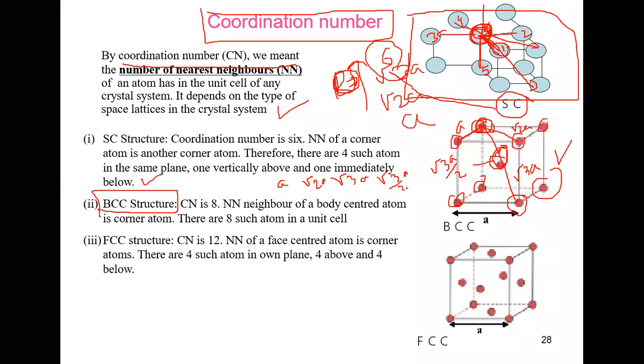So which one is the nearest neighbor? Root 3a by 2 is less than a, basically. So the nearest neighbor distance is root 3a by 2.